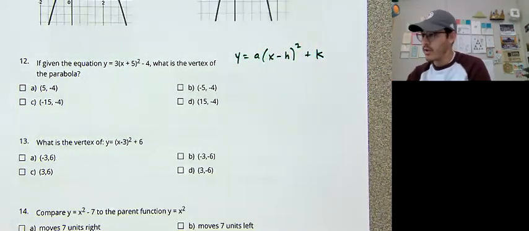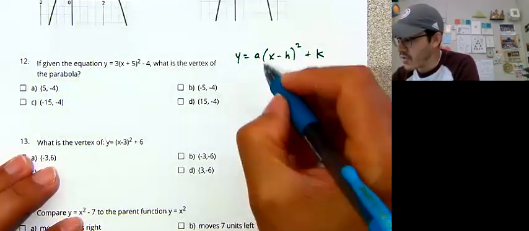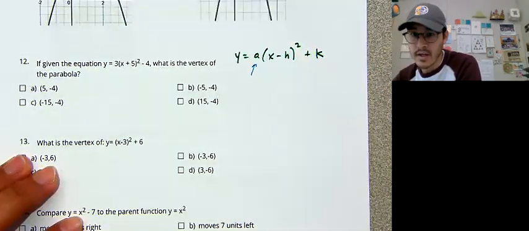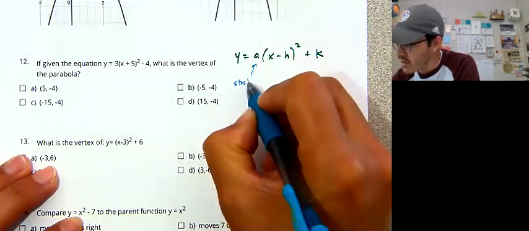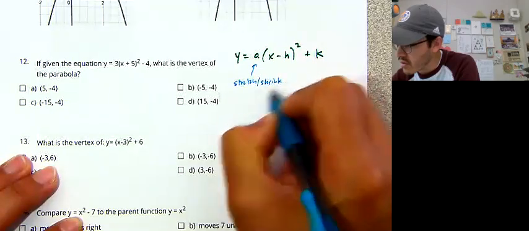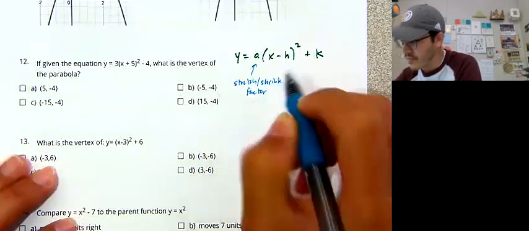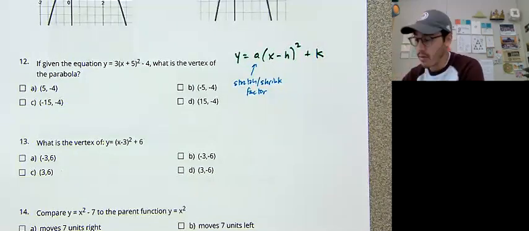So the different letters here represent different features of the parabola. The A is going to be a stretch or shrink factor. Also, if A is negative, it will represent a reflection.